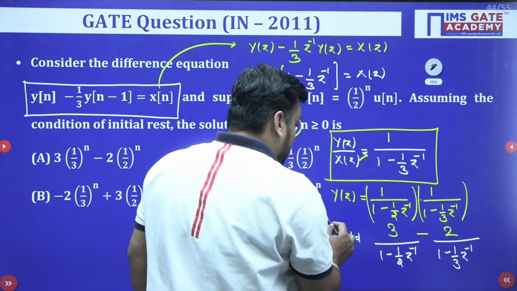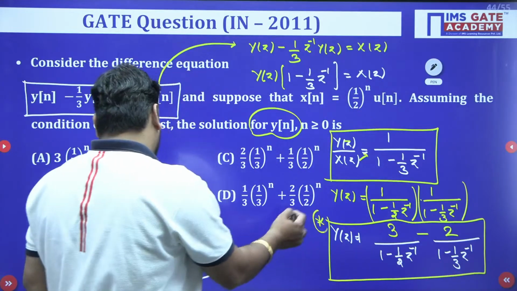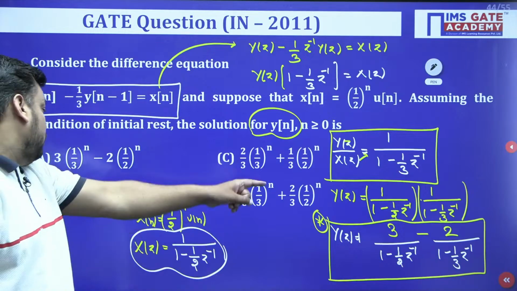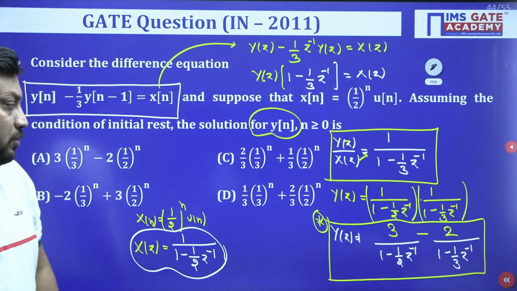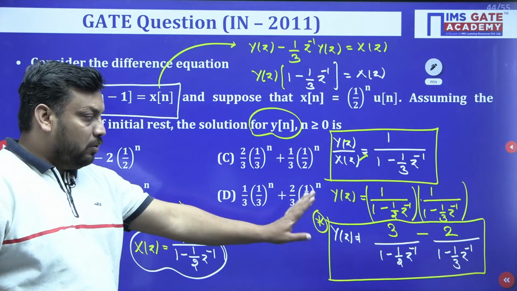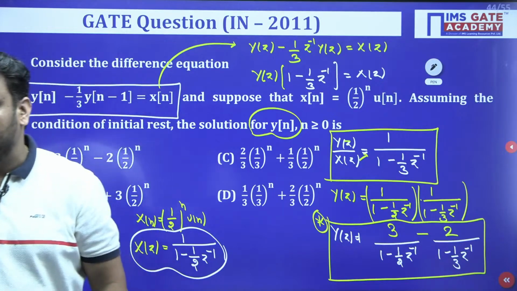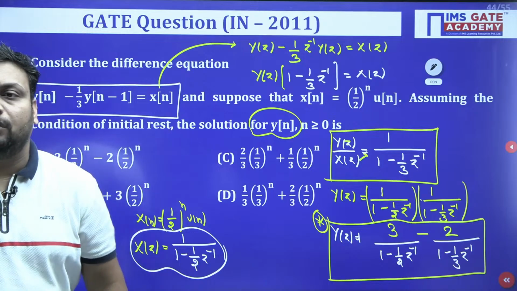All of you guys just do reply. Are you guys getting the same or not? Just confirm the values of A and B, guys. If you already got the value, you are only left with the inverse Z transform. First of all, you need to confirm you are getting the same or not.